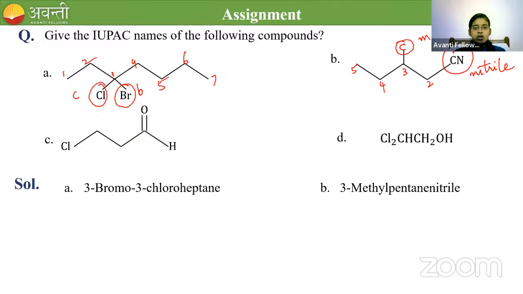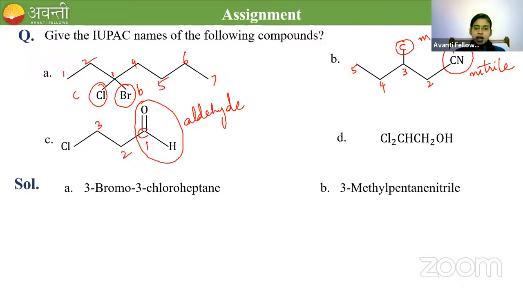Now coming to the third one. In the third compound, I have one functional group and one substituent. Who is that functional group? C double bond OH. What is the name of this functional group? This is an aldehyde, right? Now I have to start numbering from the aldehyde carbon. So 1, 2, 3.